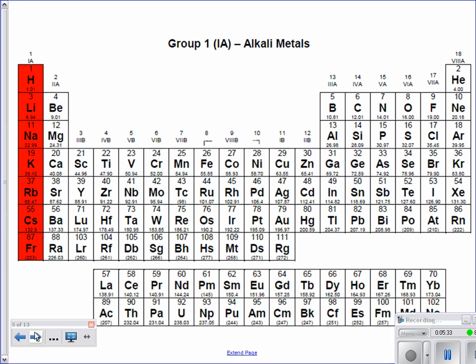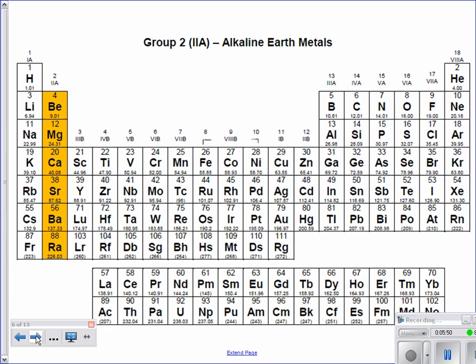That first group or column is known as the alkali metals. So you should know that name. For example, hydrogen, lithium, sodium, potassium, all of those are considered alkali metals because they belong to that group. The next group is the alkaline earth metals, also known as group 2.